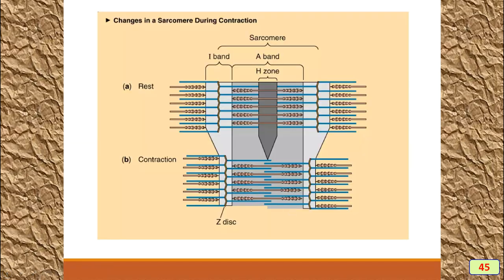So in the rest phase, this is the structure. Especially whenever there is contraction, this is the structure in which, in the contraction stage, the Z disc is contracted much more.